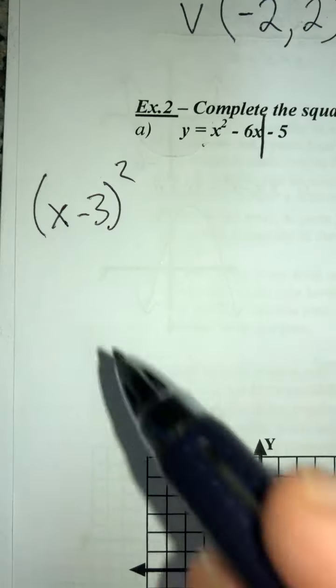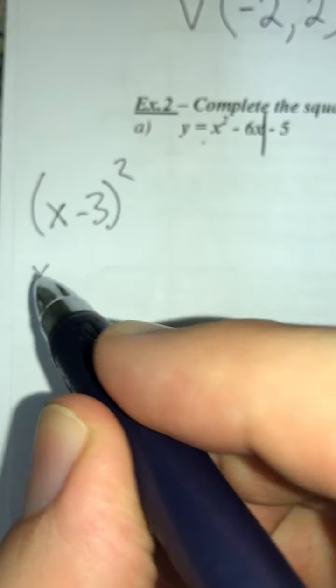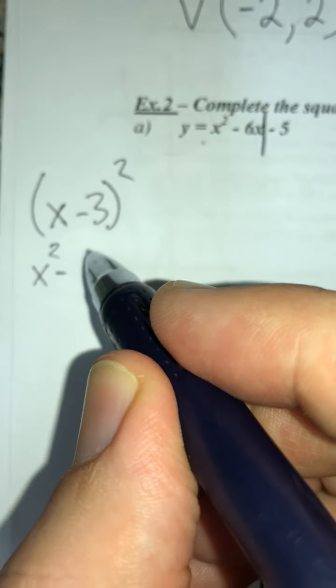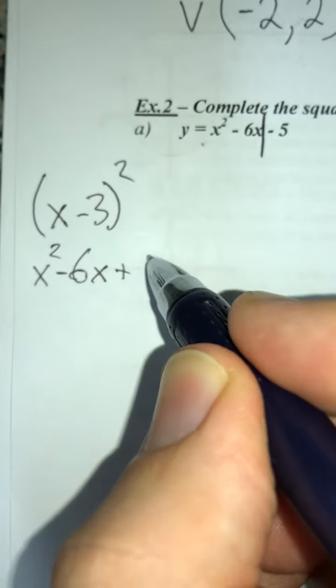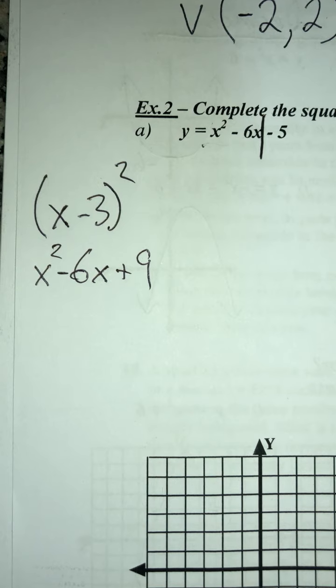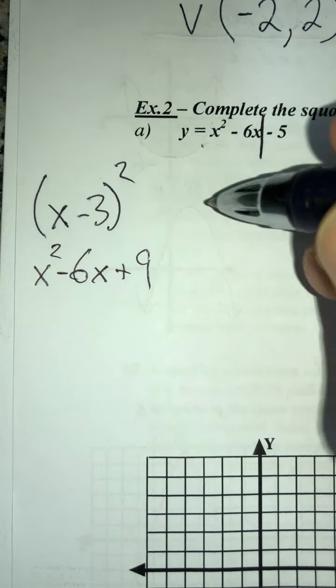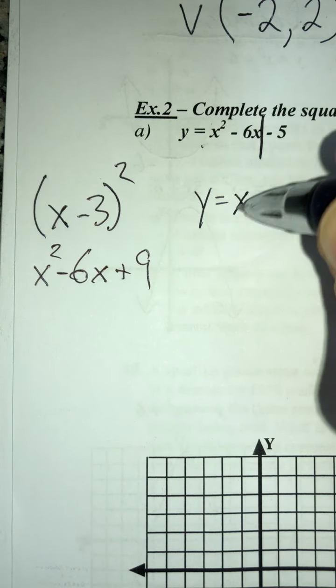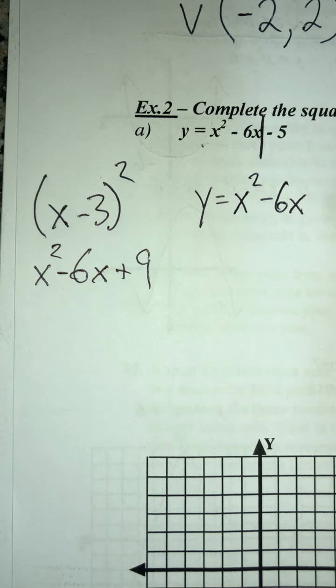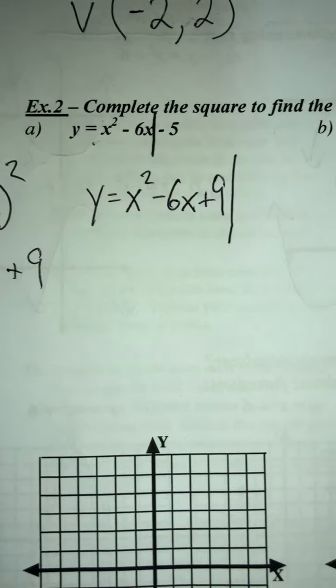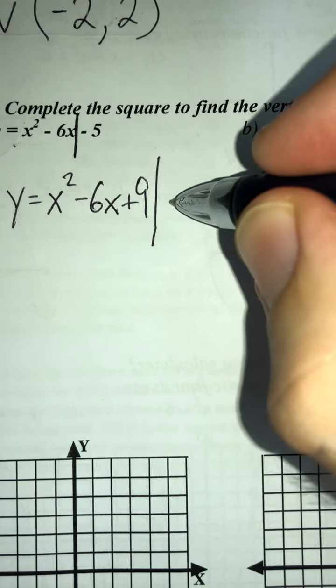Expand this out. I should get x minus 3 times x minus 3, so I'll get x squared minus 6x plus 9. So I need to add 9 to make this side a perfect square. So y equals x squared minus 6x plus 9. I cannot just simply add 9 to my equation.